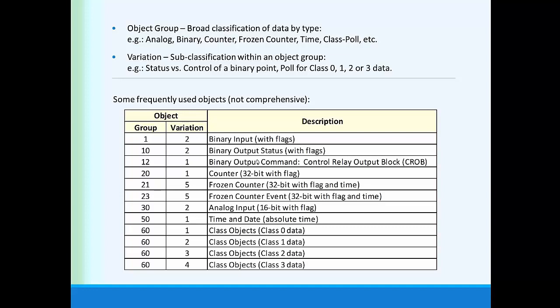You can see from the table here, there are different groups, not just object 60. And there are different variations that distinguish, within a group, what I want to know about that general category. Without reading it to you, you can see some distinction between group 1, group 10, group 12. I'll call them to your attention. Group 10, group 20, and group 30 are respectively the way to get binary information, counter information, and analog information. Counters would be like kilowatt hours.